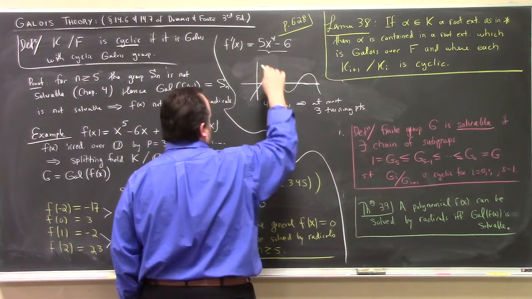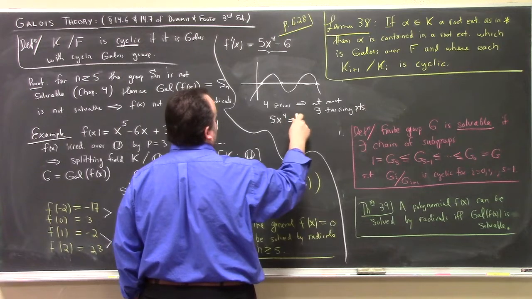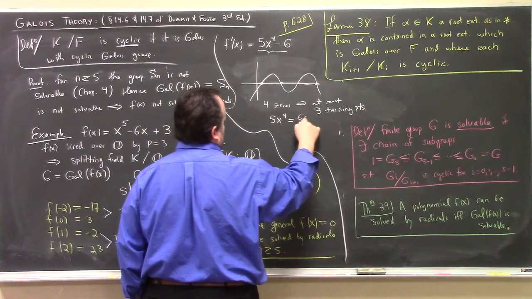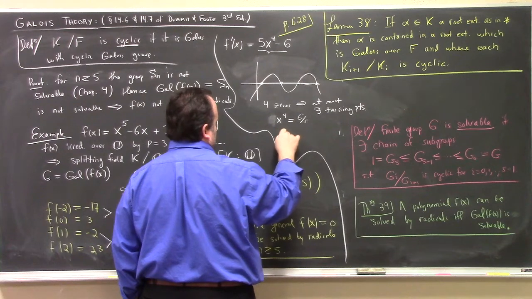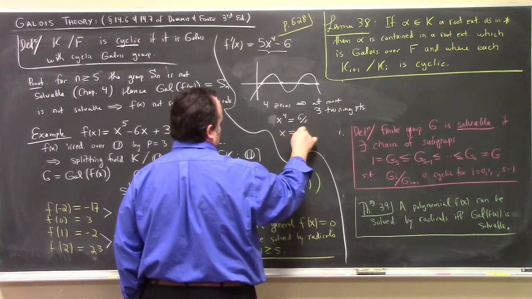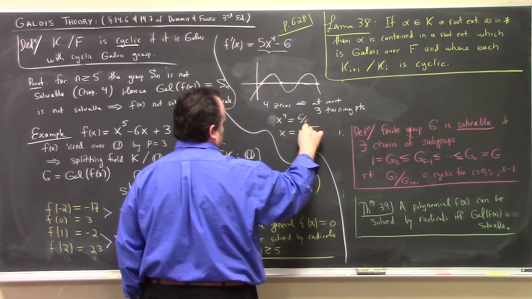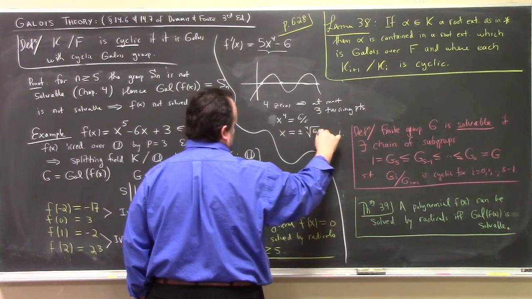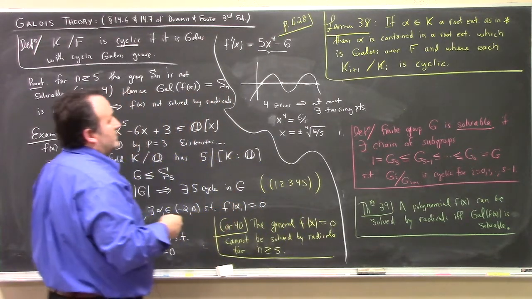When x to the 4th is equal to 6 over 5, right? So x is equal to plus or minus the 4th root of 6 over 5, right? So there are just 2.